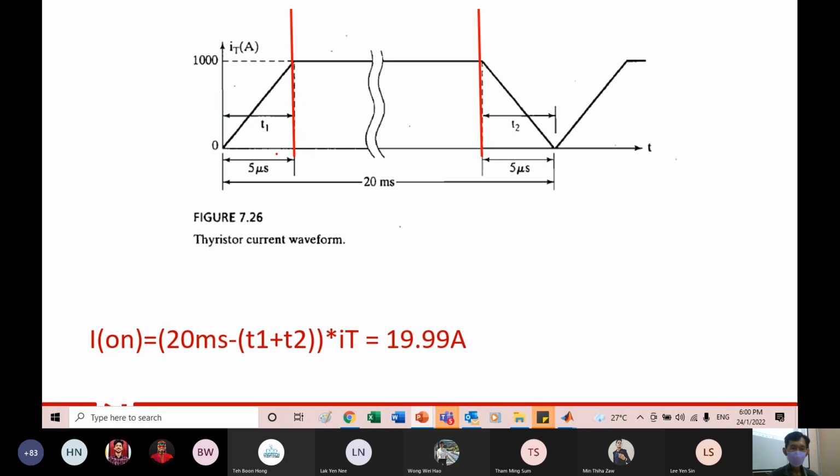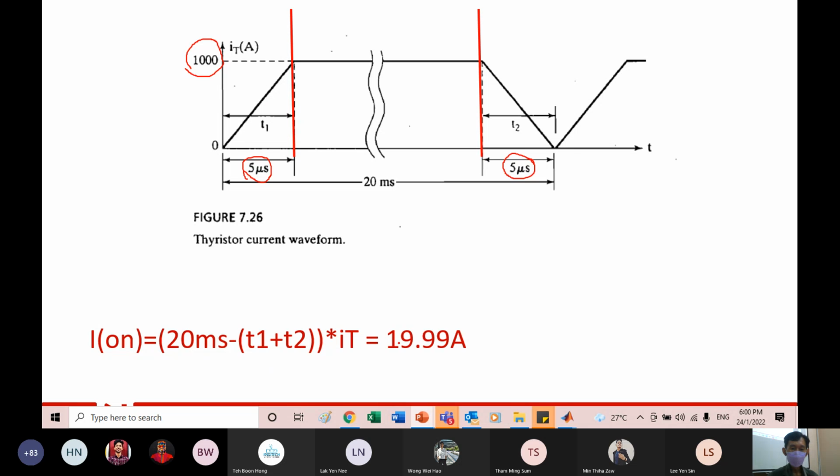And then the on time. The on time is 20 millisecond, one cycle, and then you need to minus this T1 plus T2, which is 5, and then you multiply by the total current.